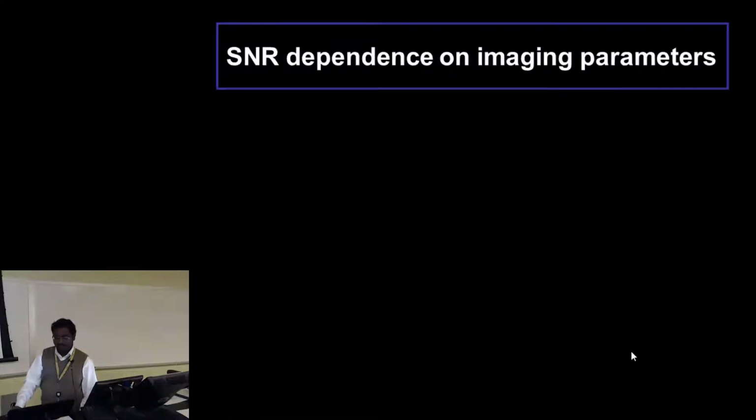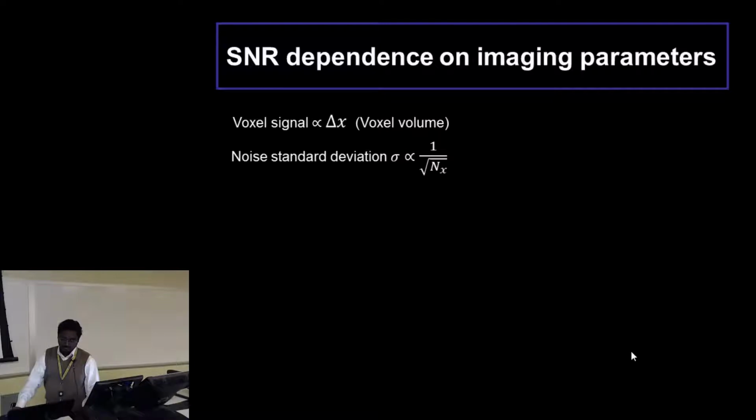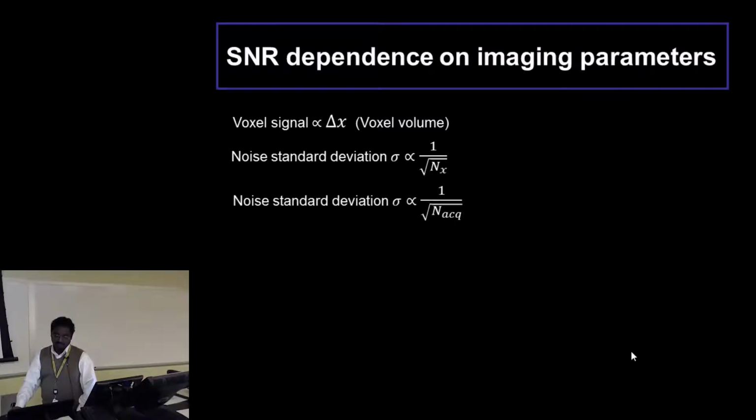Okay, let's come back to what we discussed in the last class. So we saw that the signal was proportional to the voxel volume. The standard deviation of the noise is inversely proportional to the square root of the number of points you're sampling along the Fourier dimension.